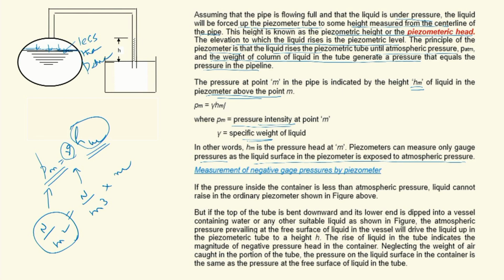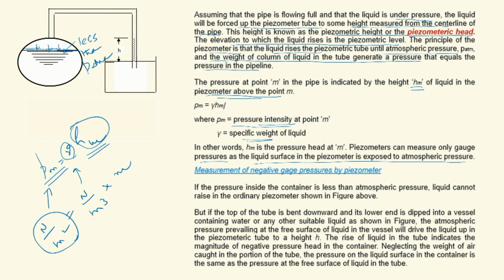So how to measure this pressure which is gauge negative, that is less than atmospheric? If the pressure inside the container is less than atmospheric, liquid cannot rise. So when will liquid rise? Liquid will rise only when the pressure in the vessel or the pipe is greater than atmospheric pressure. So it rises to a height such that it attains a free surface in the tube wherein the pressure is atmospheric.